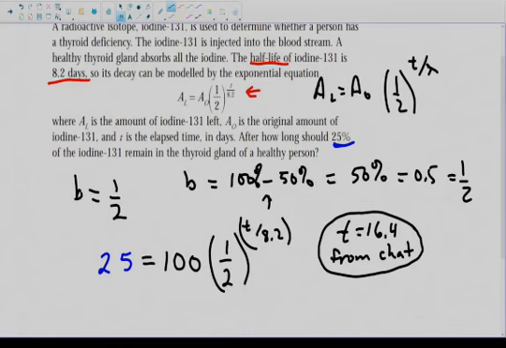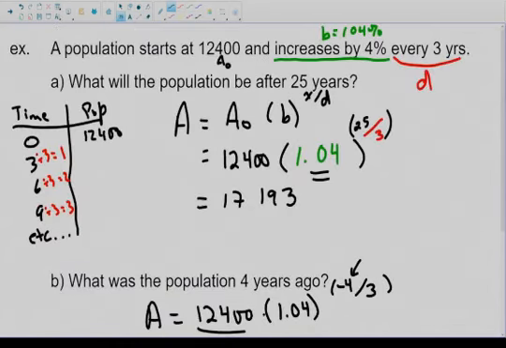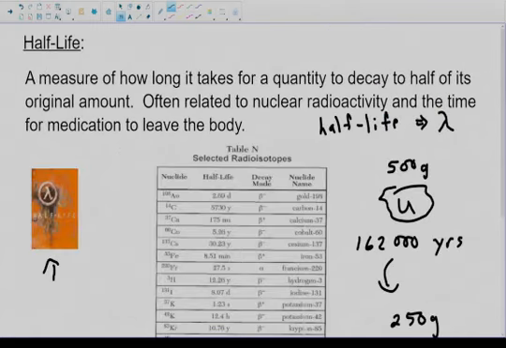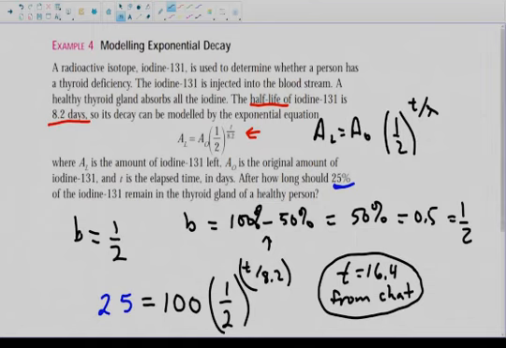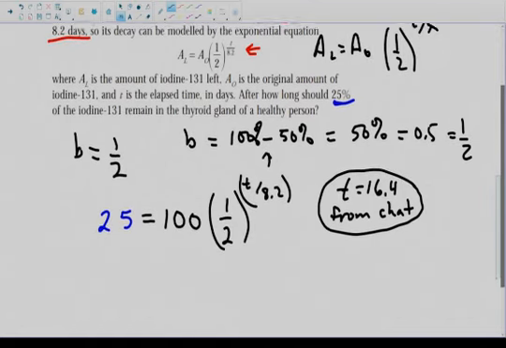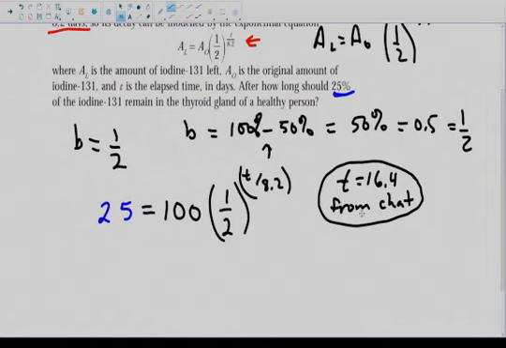Make sure to reread this note and focus on the idea of what B is specifically. B is your growth or decay rate, and it's always based on 100%. Okay? And that's the only homework I'm giving you tonight, is to try to read your note over again and to try to see if you can come up with this answer, if it's correct.